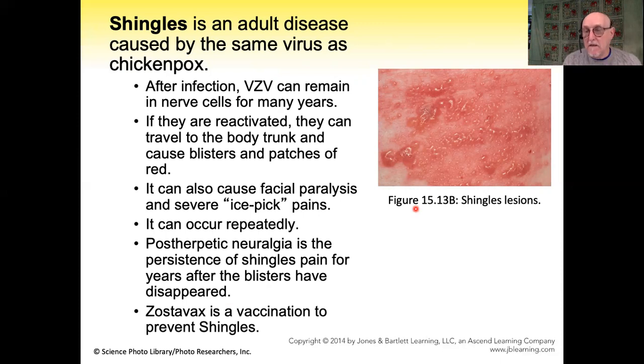But there are very good anti-shingles vaccines which can be taken at any time during life, and there are treatments which can try to limit the length of the outbreak. It's not a cure, but can try to limit the length of the outbreaks.